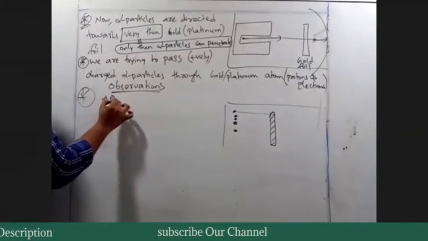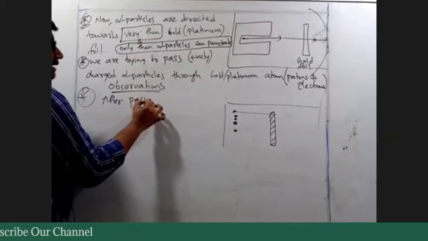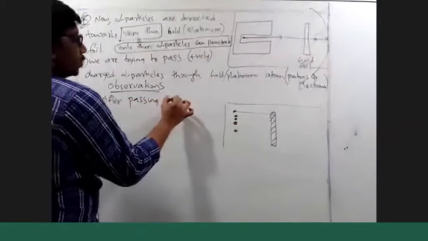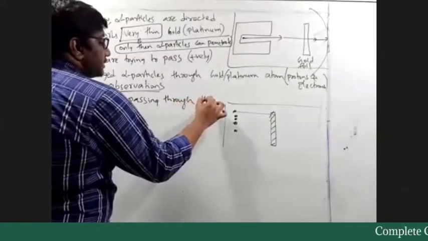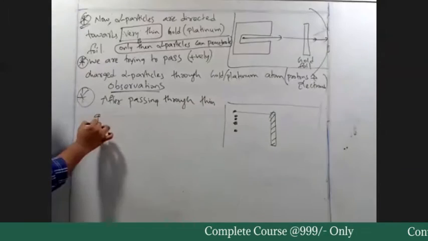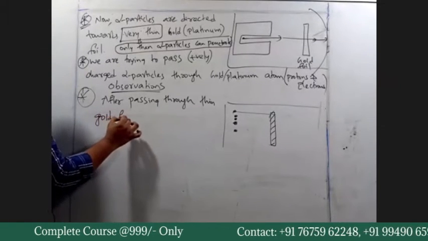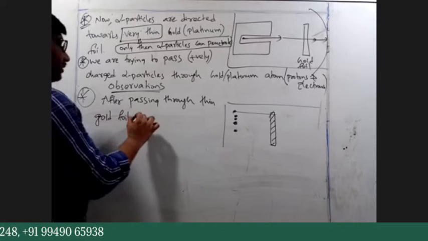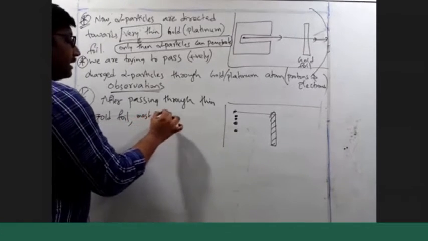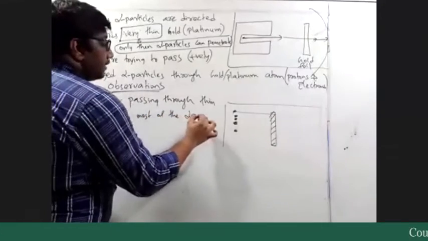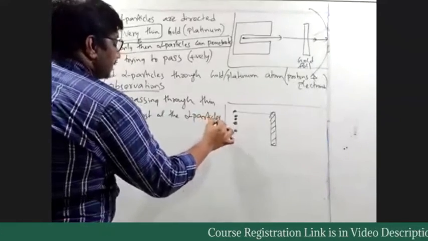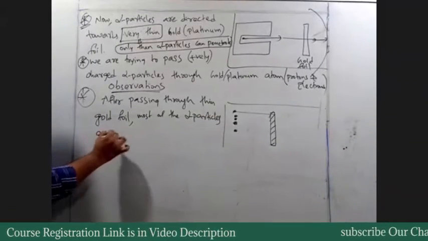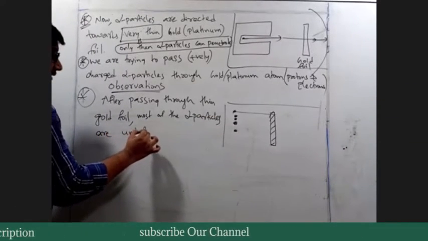After passing through the thin gold foil, most of the alpha particles are undeflected.